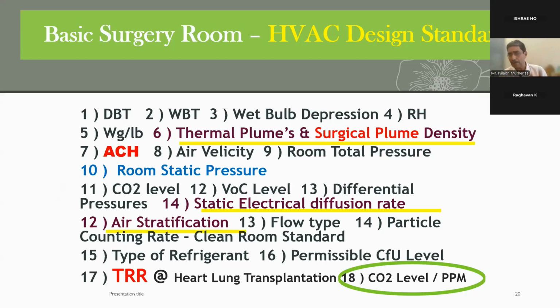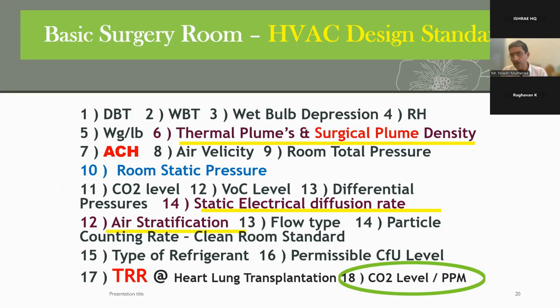Now, what are these thermal plumes? When a surgery is happening, diathermy machines and cautery machines are used. These cautery machines have different wattages and generate huge heat. I will show you the thermal map, how much heat is generated on the patients. It is not only the heat that is generated; it is a major job for an HVAC consultant to remove that heat.